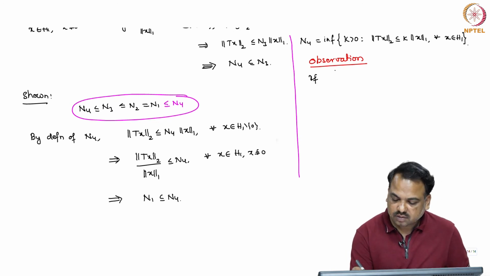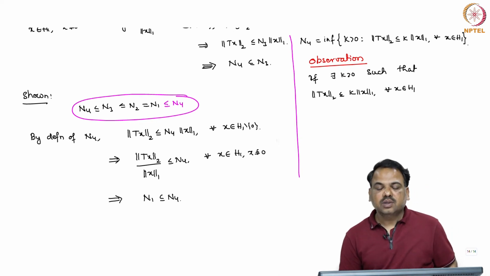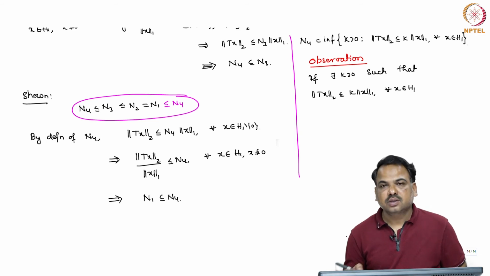If there exists k bigger than 0 such that norm Tx is less than or equal to k times norm x for every x in H1, now if you take any number bigger than k, that also satisfies this condition.